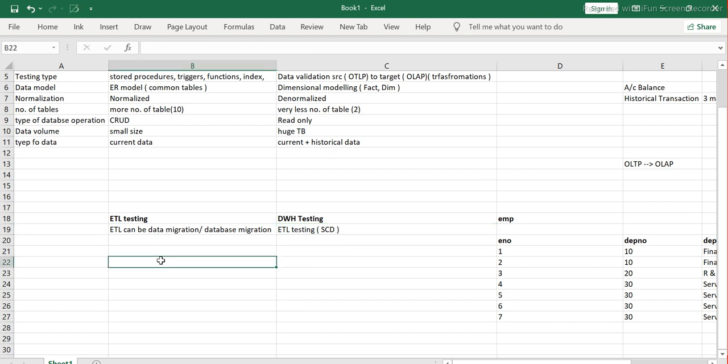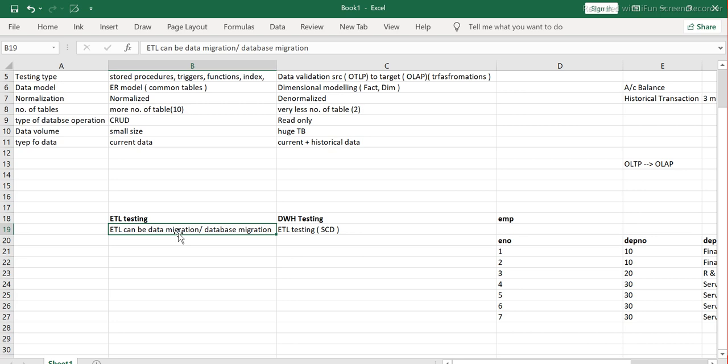It can be simple loading from one system to another, simply migrating the data. For example, data from Oracle to Teradata, if you want to just migrate it, you can use this ETL system, etc. So roughly, both are very similar.